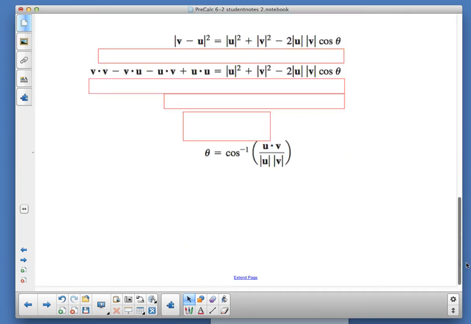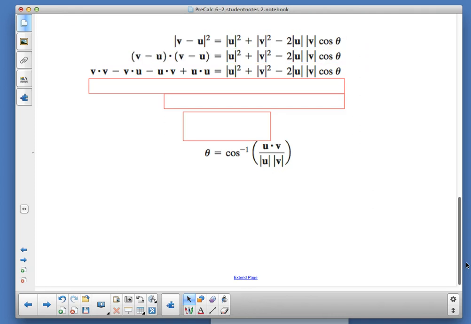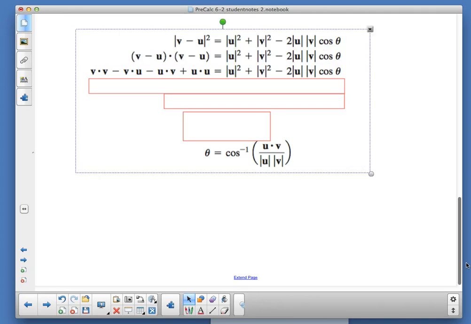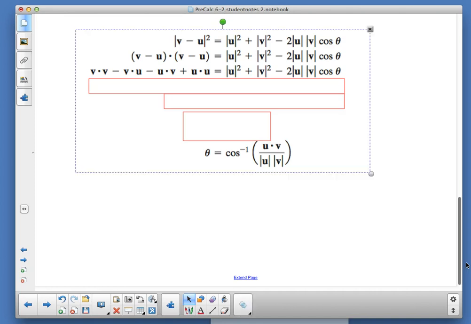using law of cosines. So I've got the absolute value of v minus u, because that's squared, and it's absolute value as we go across. Now notice that it's a dot product of v minus u times v minus u, and I'm still doing the absolute value. So I'm just going to do binomial expansion.